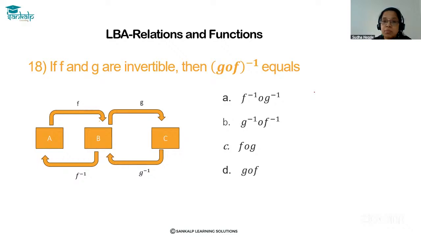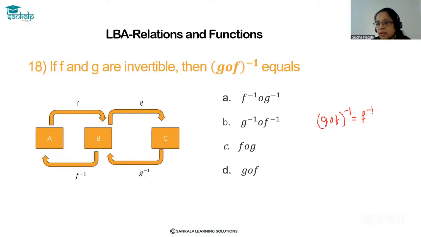Always remember, if g composition f exists, if it is bijective, then (g composition f) inverse exists. And (g composition f) inverse is f inverse composition g inverse. You need to take the second element first.